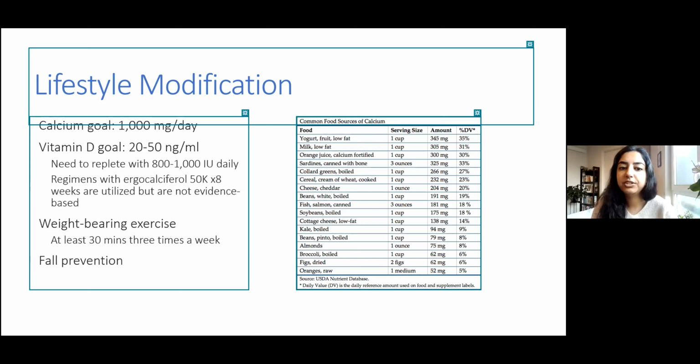which is the next thing that you should be talking to patients about in terms of lifestyle recommendations. Fall prevention is a very complex topic and could have its own lecture.